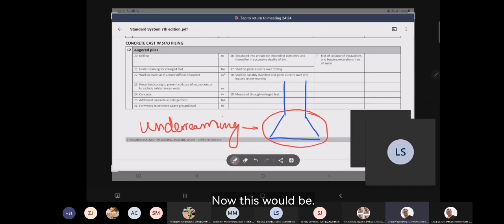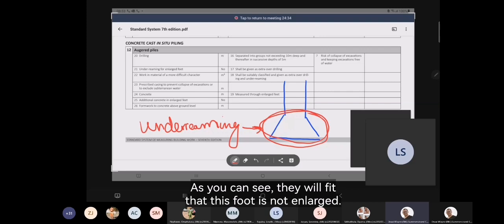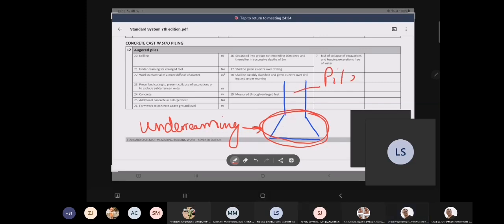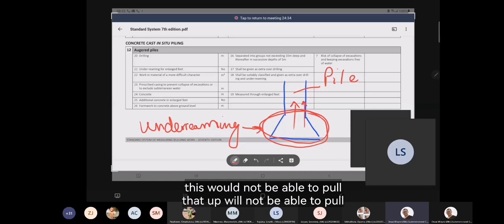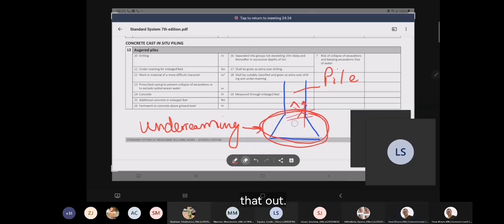Now this would be the under-reaming that we see there. As you can see, this foot is now enlarged. If that is my pile and this foot is enlarged, we would not be able to pull that out.